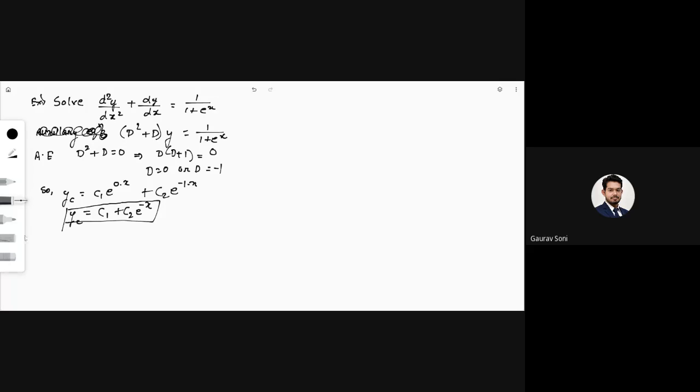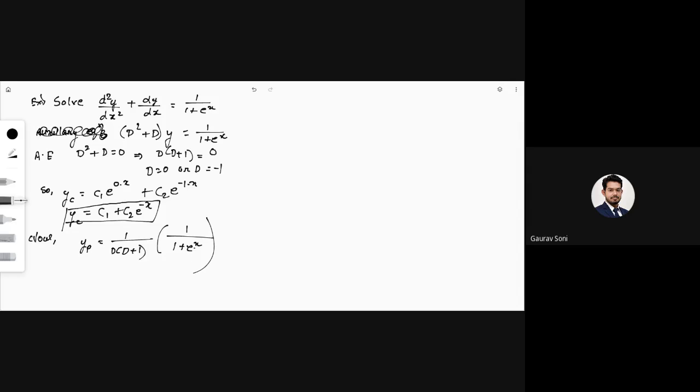Now let's go for yp. yp is equal to 1 upon phi of D. What is our phi of D here? D into D plus 1. And our f of x is 1 upon 1 plus e to the power x.